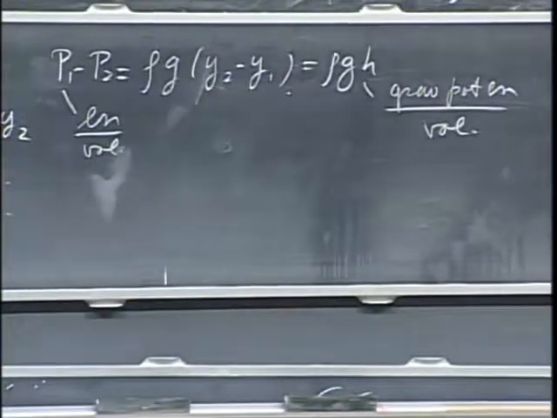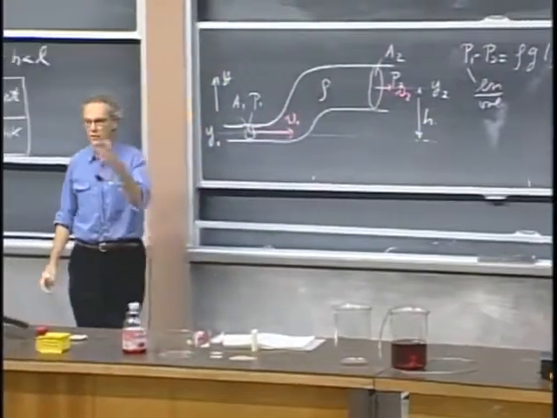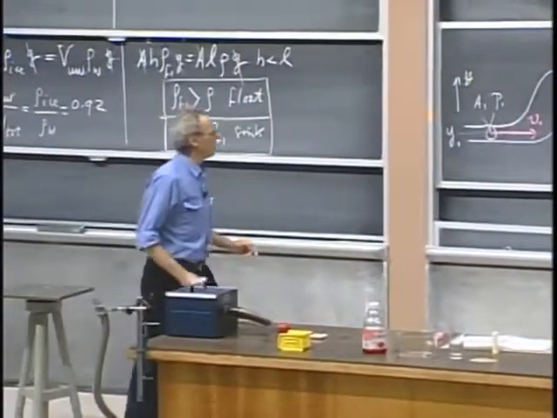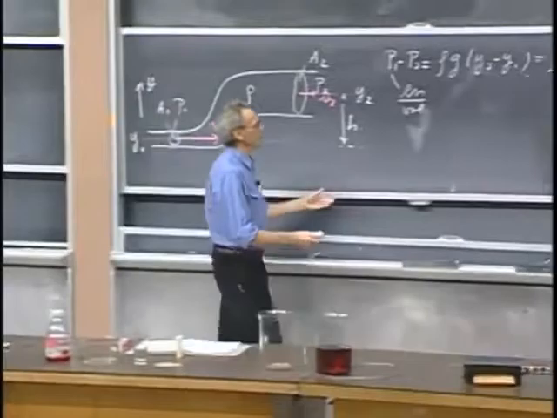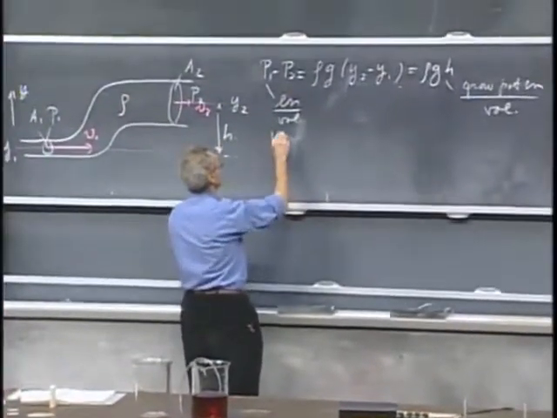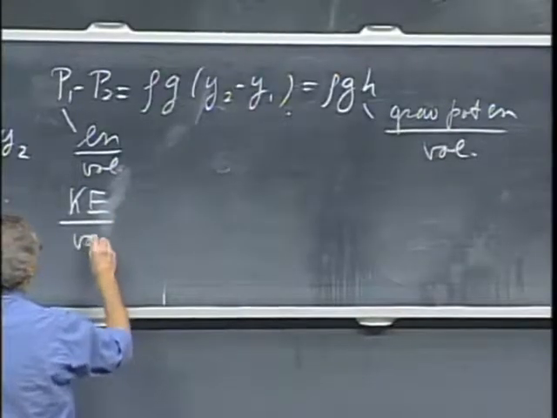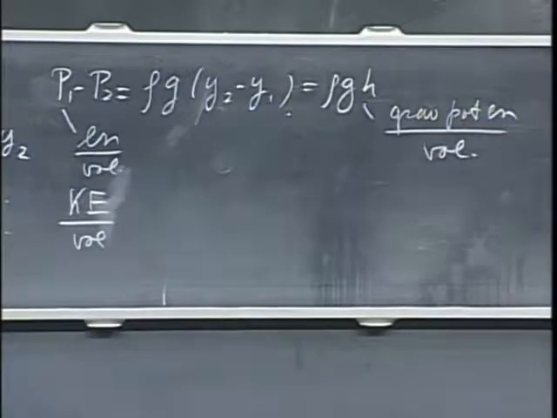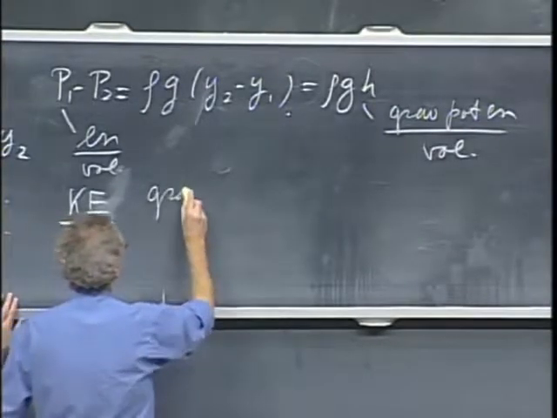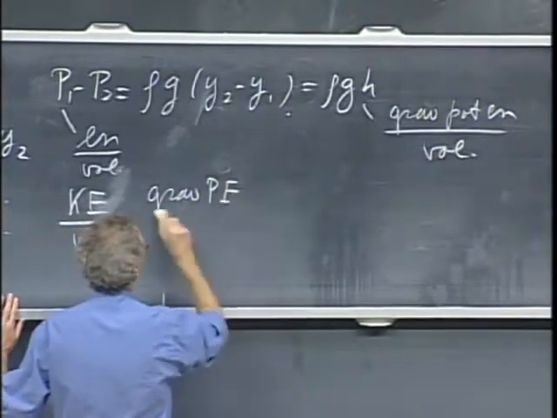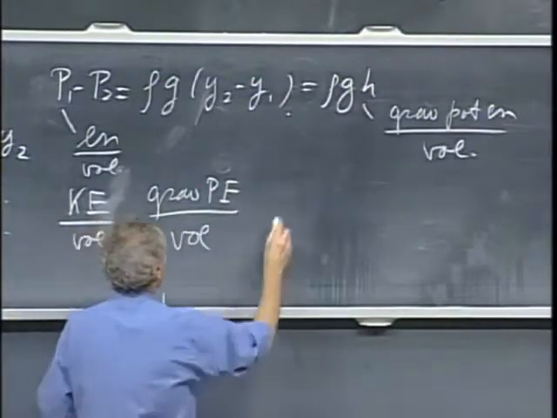And if we now set this whole machine in motion, then there are three players. There is on the one hand kinetic energy of motion, which I take per unit volume. There is gravitational potential energy, which I will take per unit volume. And then there is pressure. They are partners.